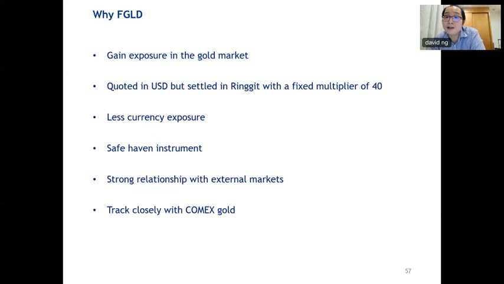In other words, you don't have to do the conversion in your head. It's as simple as looking at the gold price and making a decision. And also because there's a fixed multiplier, indirectly you lessen your currency exposure. With that, it gives you a lot of advantage of holding gold over other forms of physical gold.